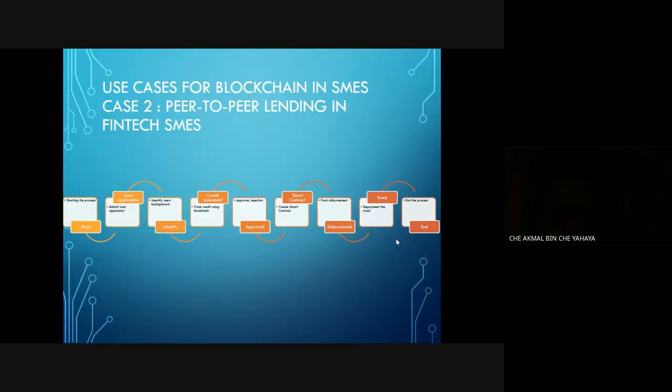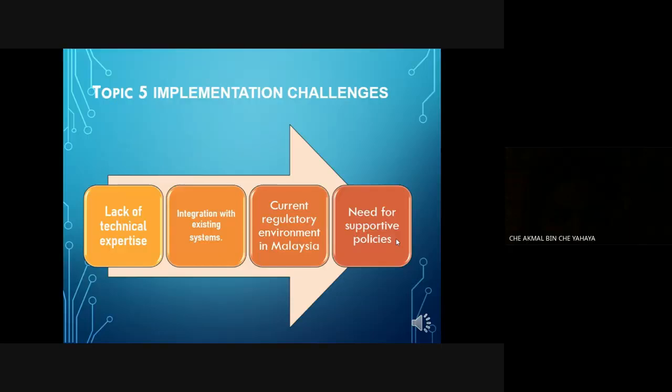Next, they will create a smart contract, or we call it a ledger. This contributes to the distributed ledger, so not only the user can see it, but other business owners also, SME. Next, if approved, they will release the fund with disbursement. Then they will track the repayment, and last one, end the process. Those are some use cases of blockchain in SME.